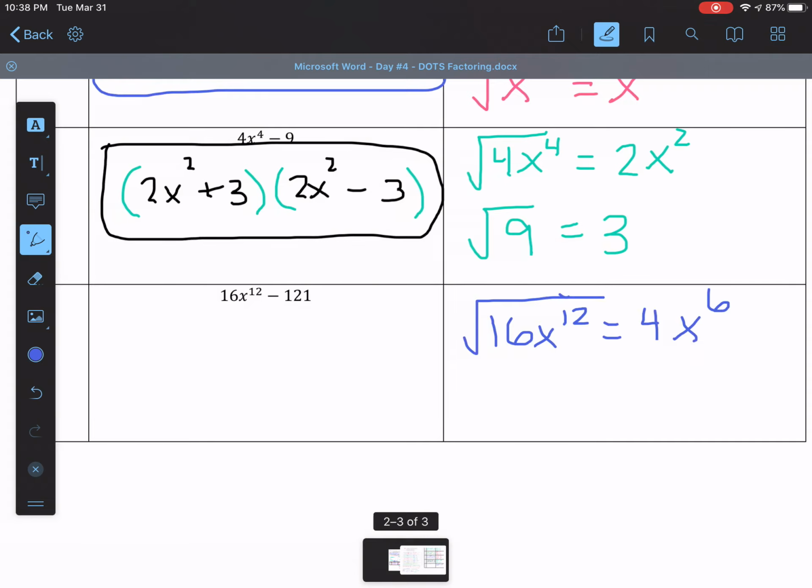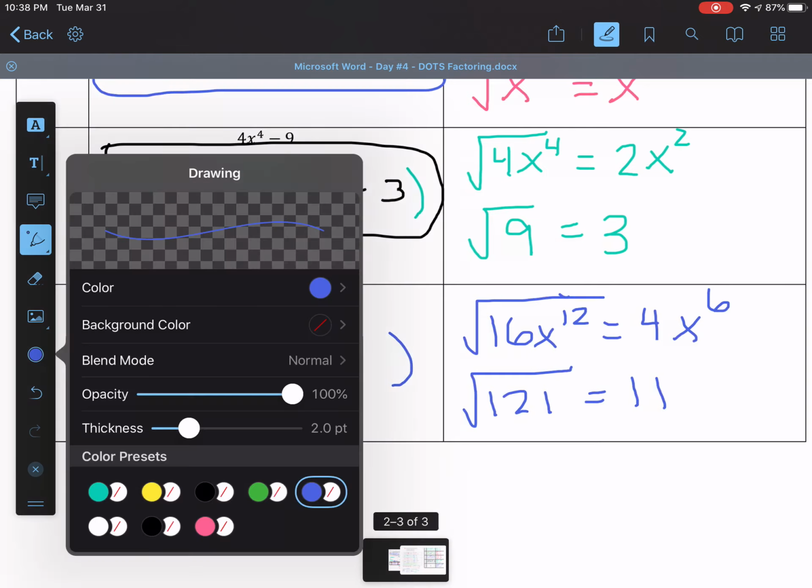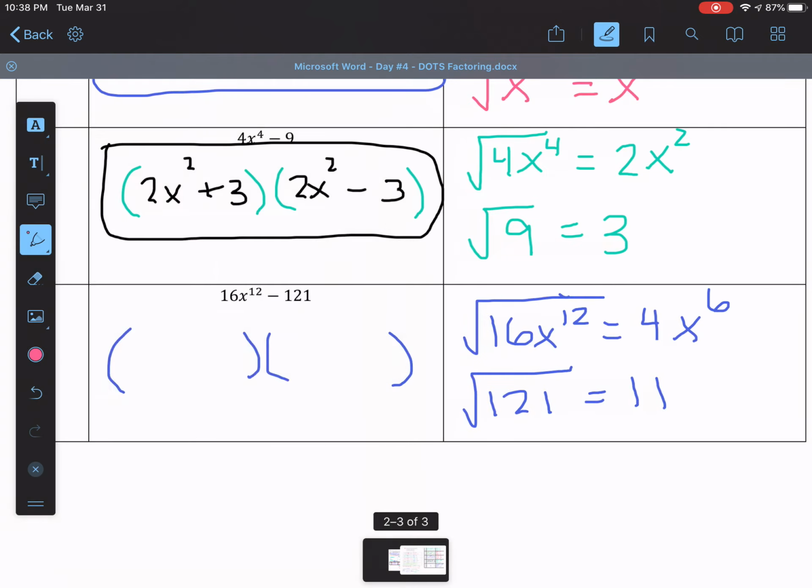and then we're all done. So, number 11, 16x to the 12th minus 121. The square root of 16x to the 12th is going to be 4x to the 6th, because the square root of 16 is 4, and the square root of x to the 12th is x to the 6th.